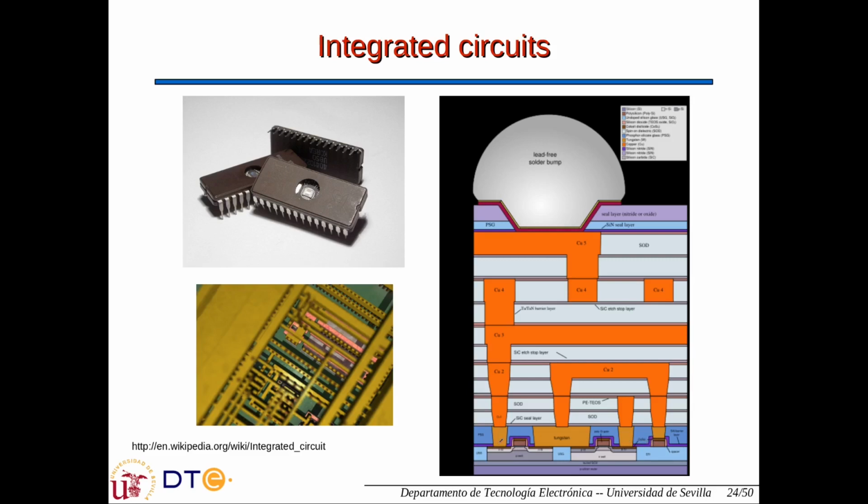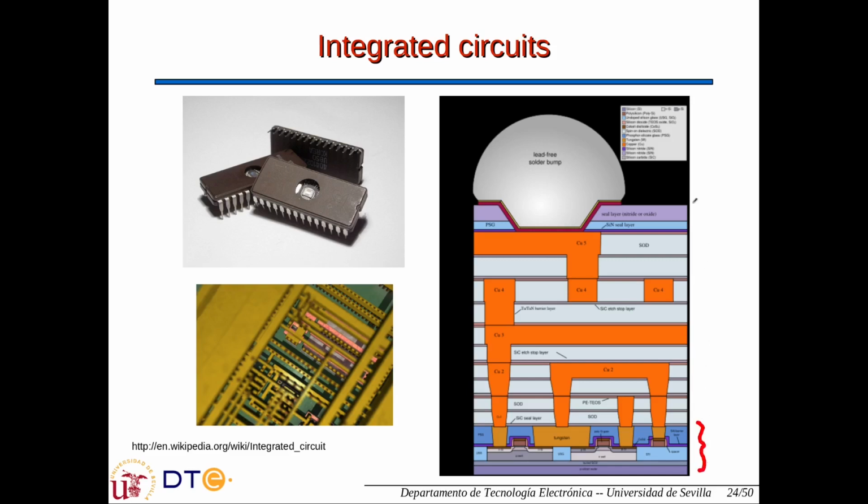In this example here, these are field effect transistors. Probably this is a PMOS, this is an NMOS, and they are connected together using layers of conducting material, some kind of metal. Okay, all devices are in this area here.